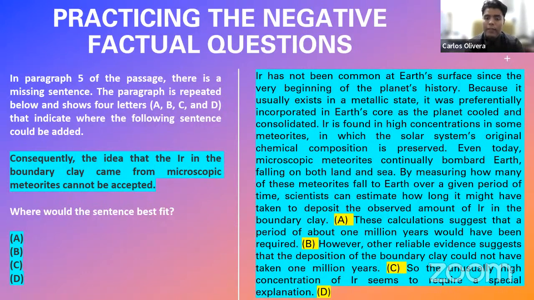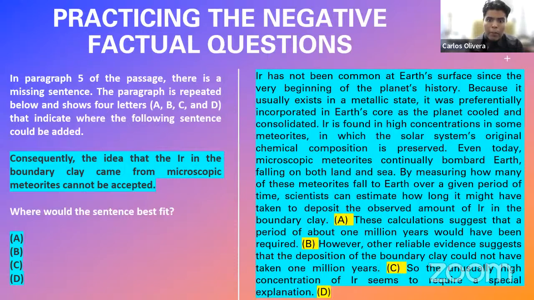Let's read. It says, air has not been common on Earth's surface since the very beginning of the planet's history. Because it usually exists in a metallic state, it was preferentially incorporated in Earth's core as the planet cooled and consolidated. Air is found in high concentrations in some meteorites, in which the solar system's original chemical composition is preserved.